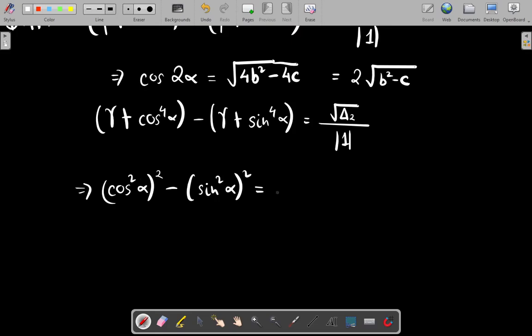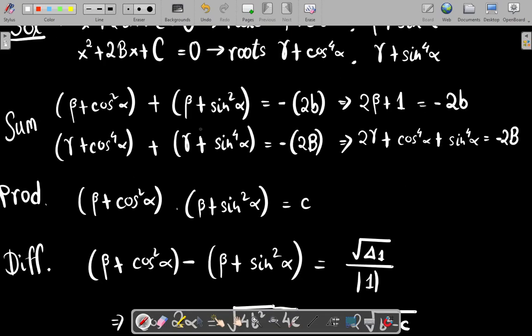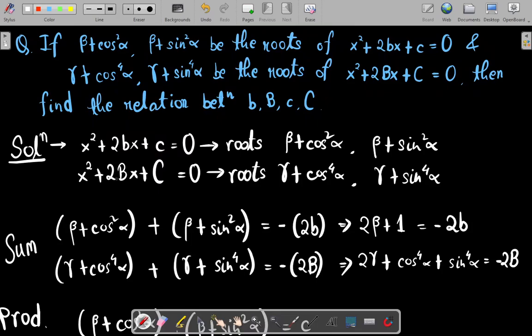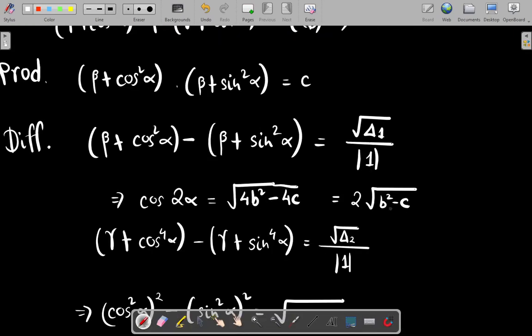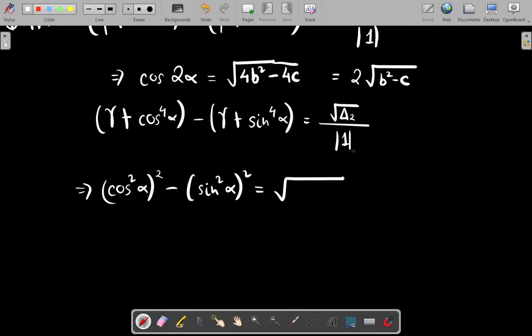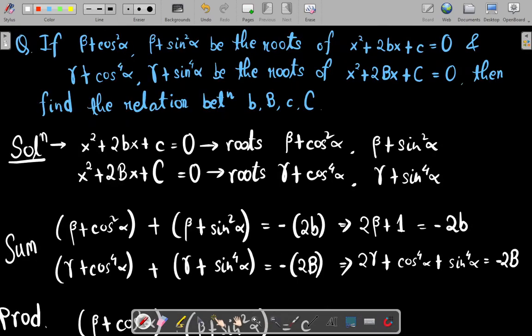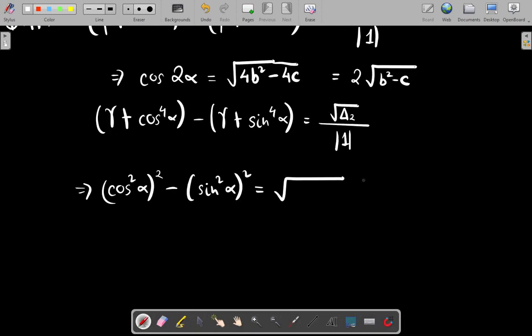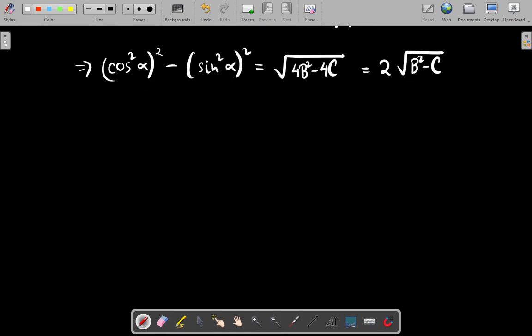So in the second equation, the discriminant will be again 2 capital B whole square minus 4 times 1 times capital C. The structure will be the same as the previous one, and the only differences are in the parameters: small b and capital B, and small c and capital C. Everything else, the signs are the same. So this will be 4 capital B square minus 4 times capital C, which becomes 2 times the square root of B square minus capital C.